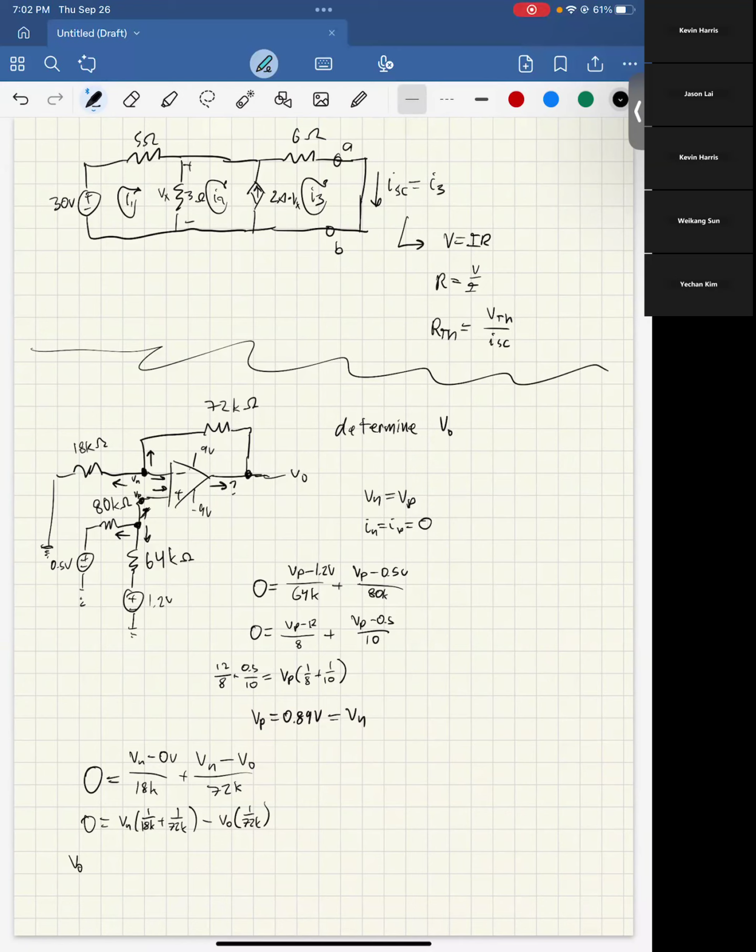And we know what Vn is. So we have V out times 1 over 72K equals, what's Vn? It equals Vp, which is 0.89, times that 1 over 18K plus 1 over 72K. And then that means that V out is equal to this whole expression.